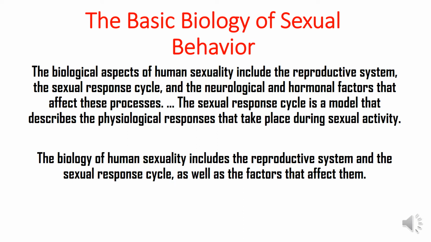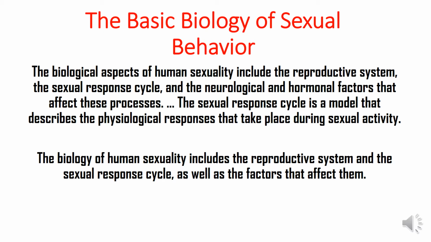So today we are going to discuss the basic biology of sexual behavior. Talking about the biological aspects of human sexuality, it includes the reproductive system, the sexual response cycle, and the neurological and hormonal factors that affect these processes.